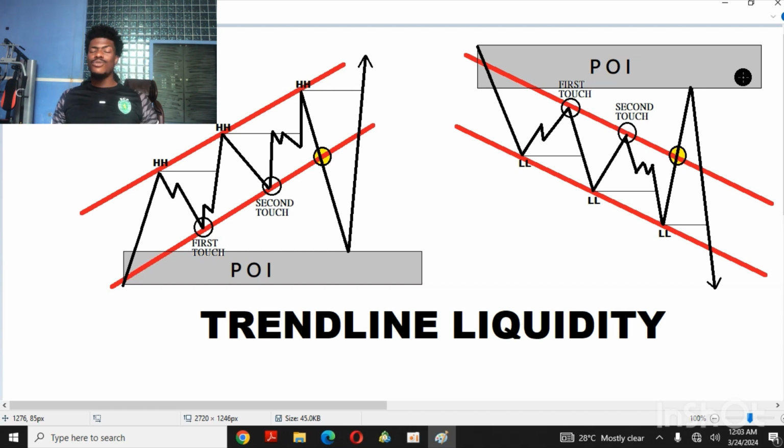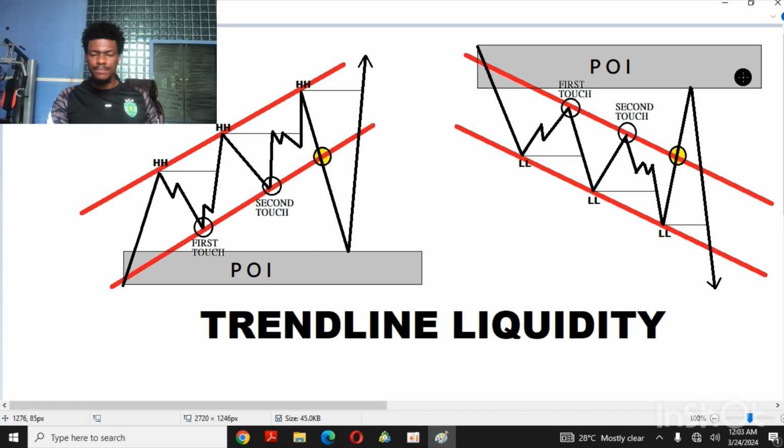If you don't understand how to mark up your point of interest, how to identify the directional bias of the market, please don't even go to liquidity and start saying you understand liquidity. Liquidity is a very deep topic. I'm just picking some major things that you ought to know about liquidity. As you progress in your chart, you understand liquidity better. Yeah, that's that about that.